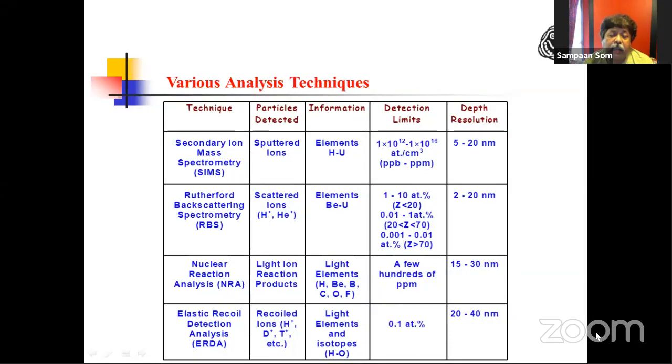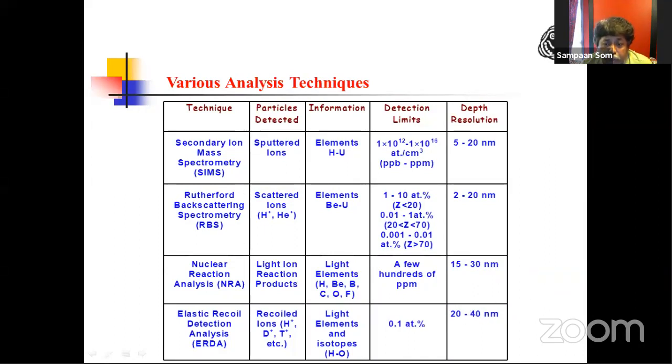Sometimes hydrogen-induced backscattering spectrometric studies are known as proton-induced backscattering spectrometry as well.